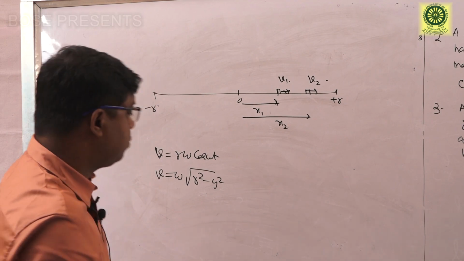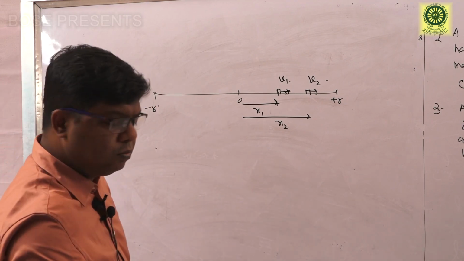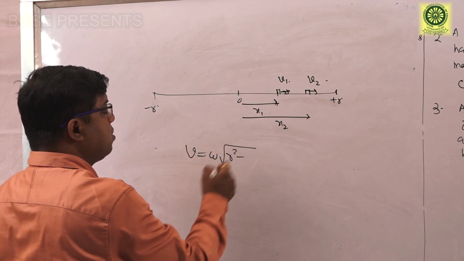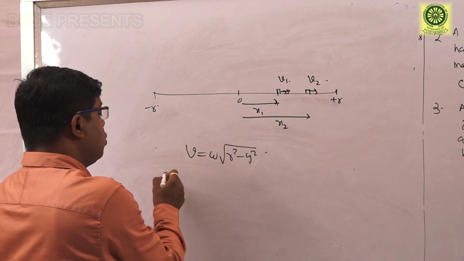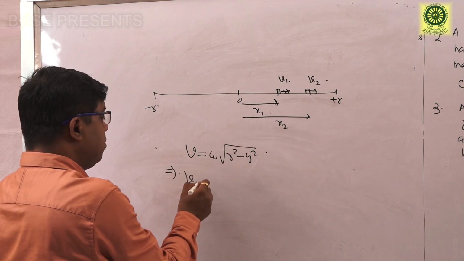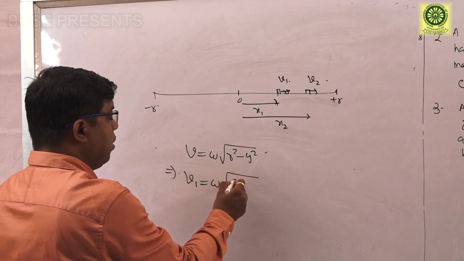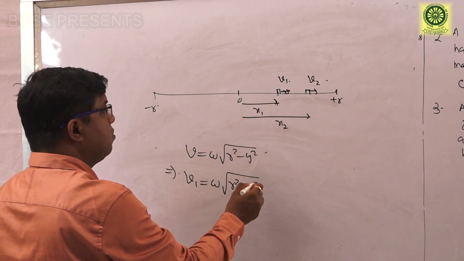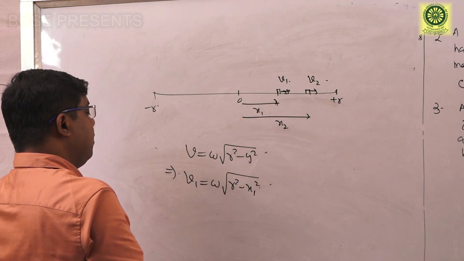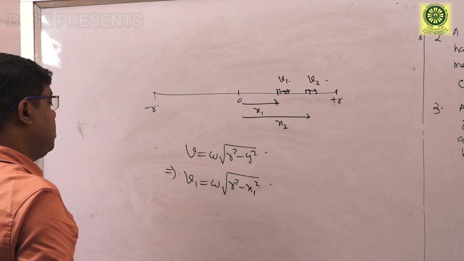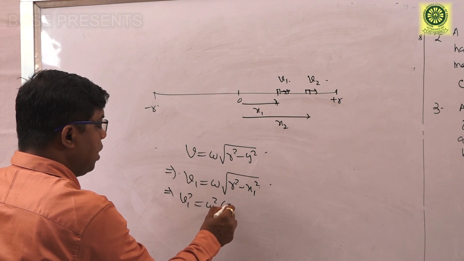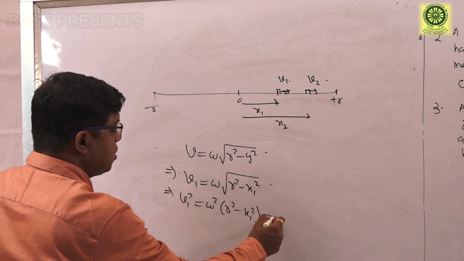So v1 is equal to omega into square root of r square minus x1 square, so v1 square is equal to omega square into r square minus x1 square. This is equation 1.